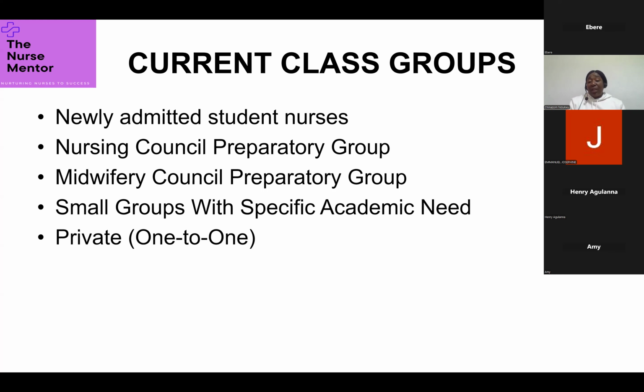If you gather yourselves up to 10 and you have a specific academic need, maybe practicals, maybe foundations of nursing, maybe psychology, just any topic or course at all, you can make your choice of course, and we'll focus on that for your group.